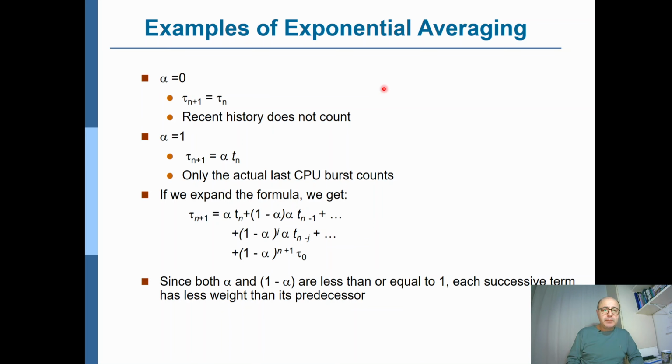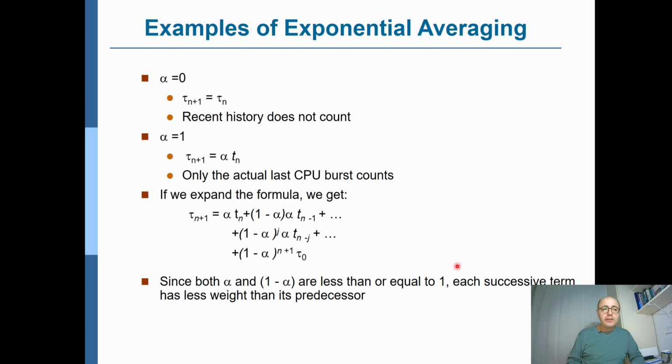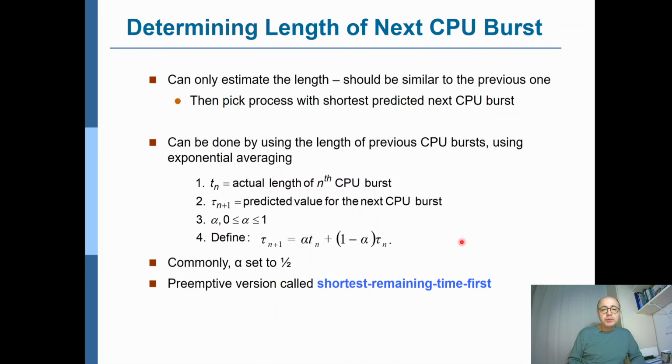So going back to this formula, what would be the value of alpha? Of course, the extreme boundary cases would be when alpha is equal to 0 and when it is equal to 1. If alpha is equal to 0, just substitute it in this formula. What does that say?